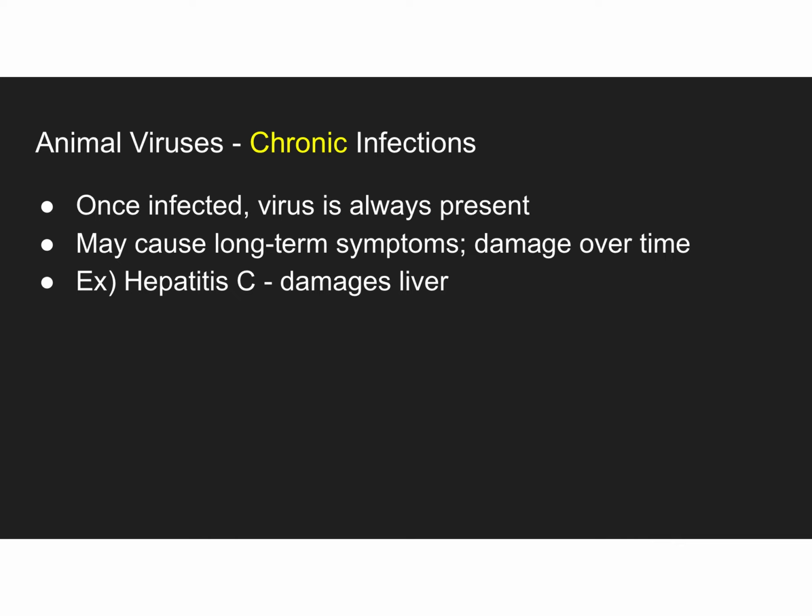So, for example, hepatitis C is a virus that over time can damage the liver and lead to the liver no longer being able to perform its function. Another example of a chronic infection would be HIV. And HIV stands for human immunodeficiency virus.